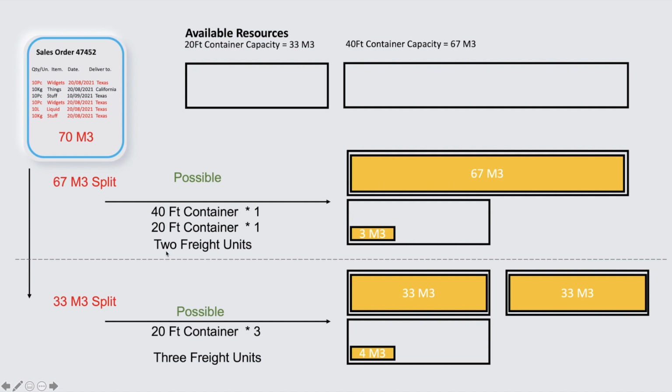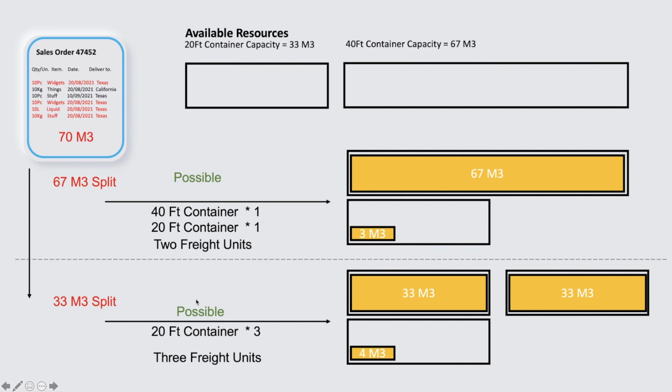Another variation on that scenario is that I could have opted to not indicate a split quantity of 67, but of 33 cubic meters. The process would have been the same in the sense that the system would have consolidated up to 33 cubic meters, closed off that freight unit, started a new one, and so on.